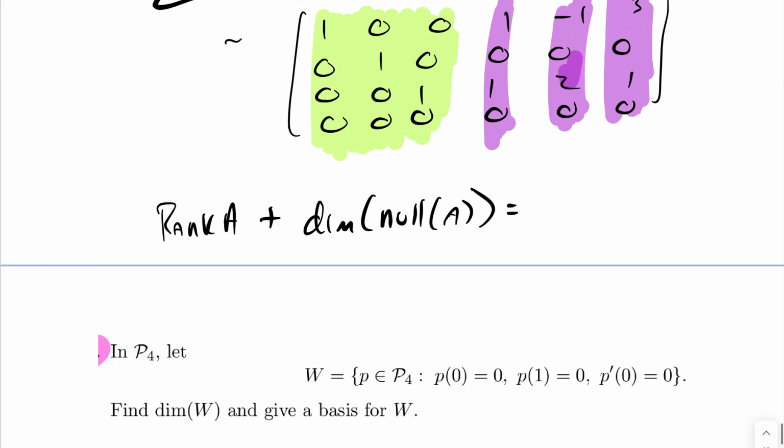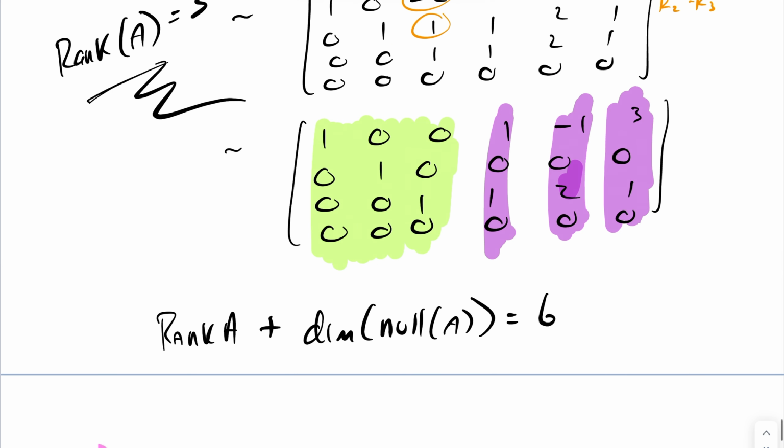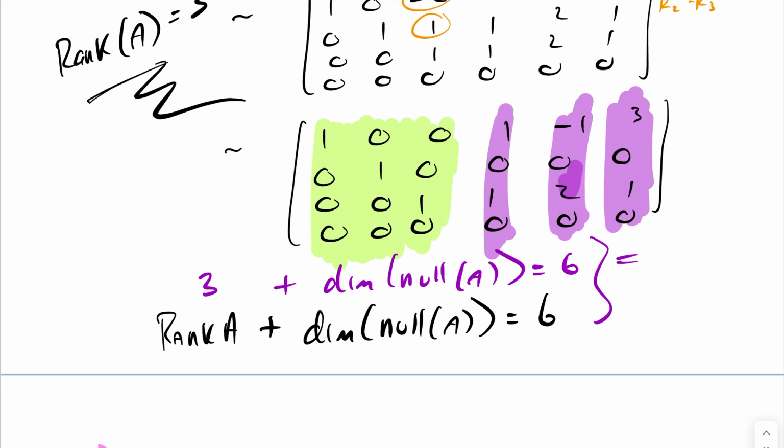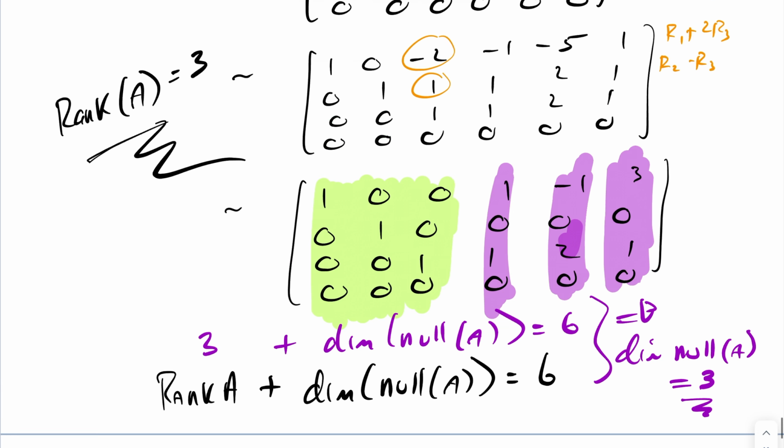So this has to equal 6. Therefore the rank, which is 3, plus the dimension of the null space of A has to equal 6. Solving this equation, we can quickly see that the dimension of the null space of A is also equal to 3 in this case.